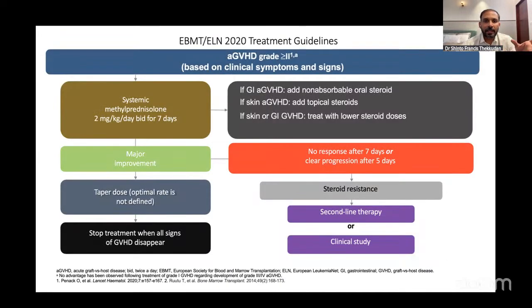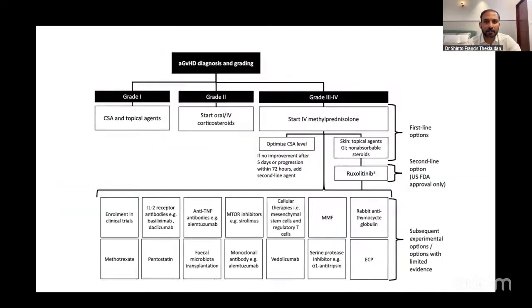The guidelines say the first line treatment for acute GVHD is systemic steroids, 2 mg per kg, or even IV methylprednisolone. If there is major improvement, then taper the dose and stop treatment when the GVHD signs resolve. But if there is no response or progression in 5 days, then steroid resistance is labeled, and you start second line treatment, or you can enroll in a clinical trial.